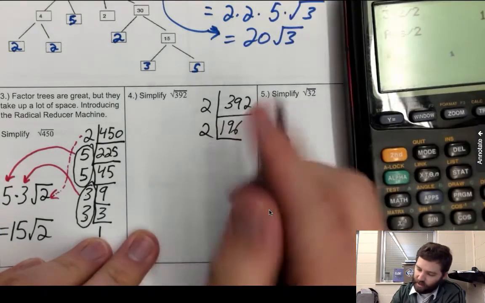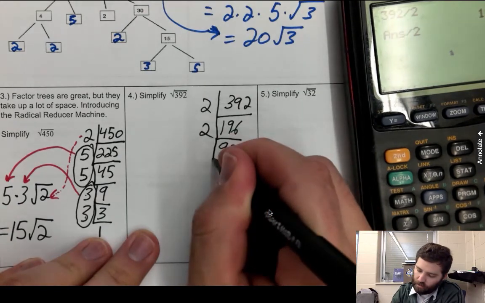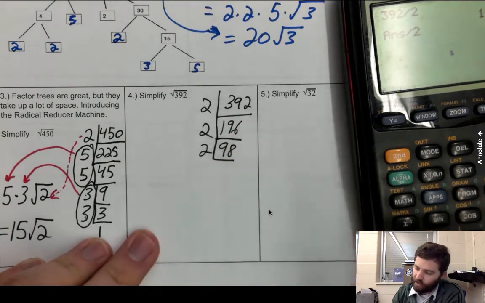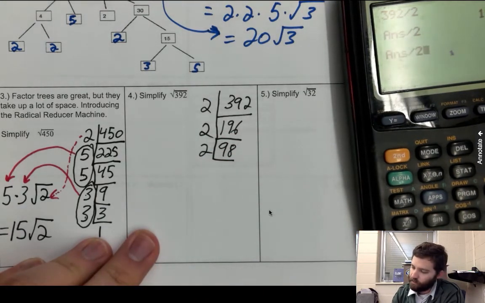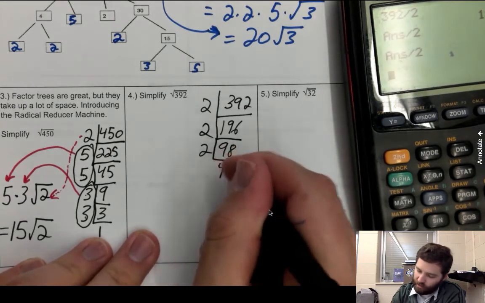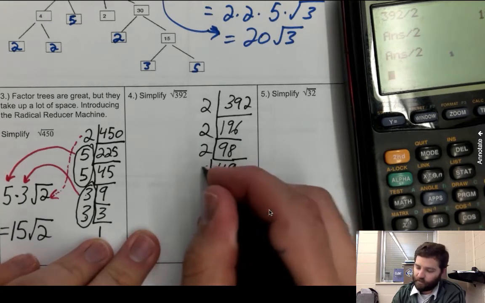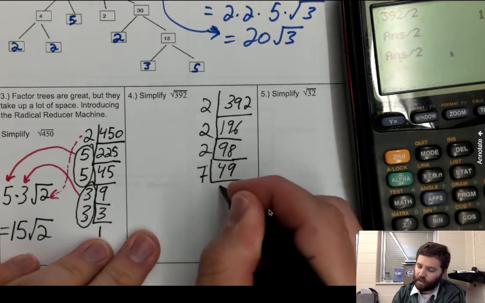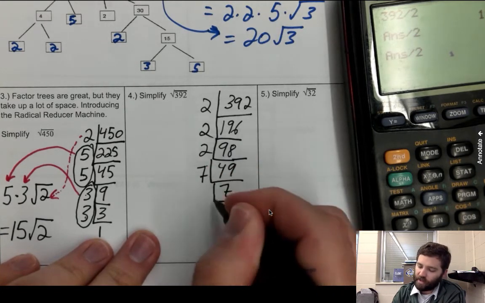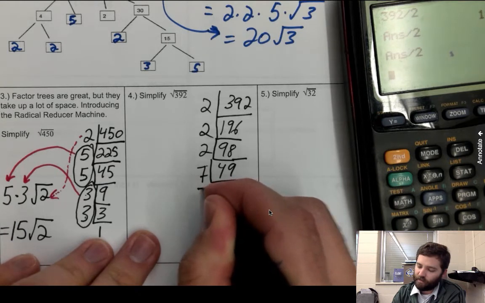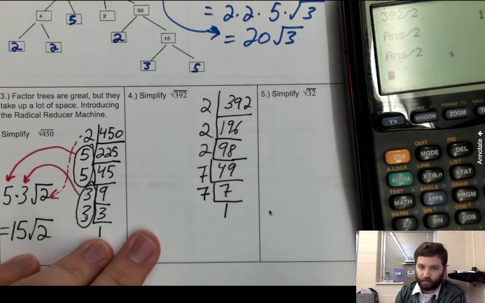Then I get 98. Small prime number that goes into 98? 2 again. So I get 49. What's a small prime number that goes into 49? 7. It's the only one. I get 7. 49 divided by 7 is 7. What's the small prime number that goes into 7? 7. I get down to 1.